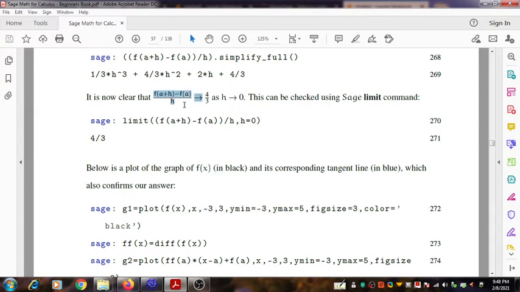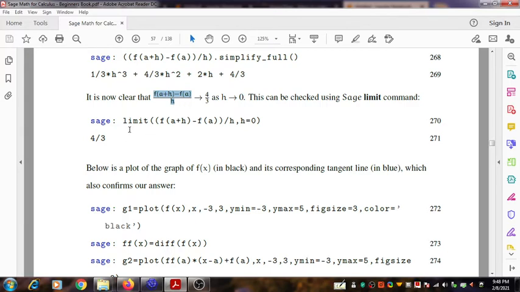First we find the value of f of a plus h minus f a divided by h, and after that we will apply the limit, allowing h to tend to 0.